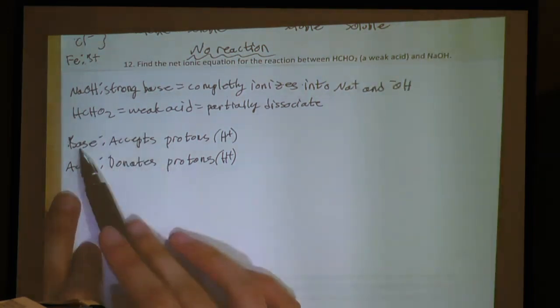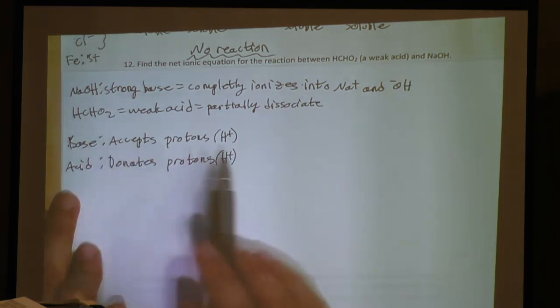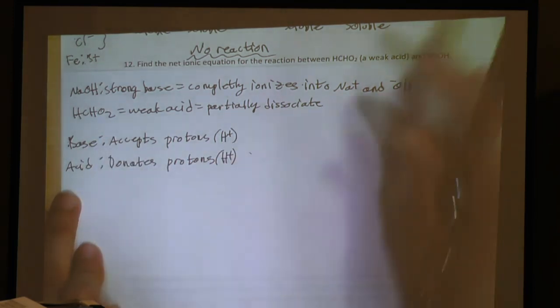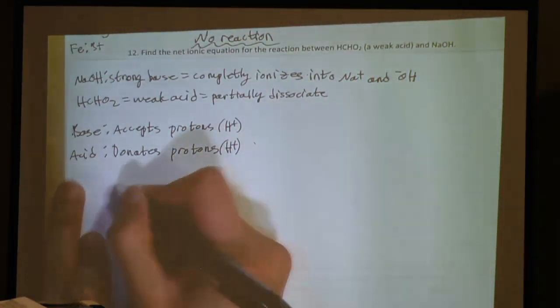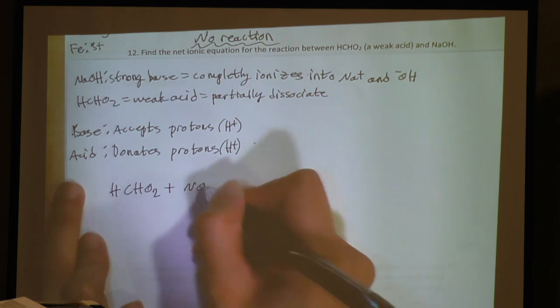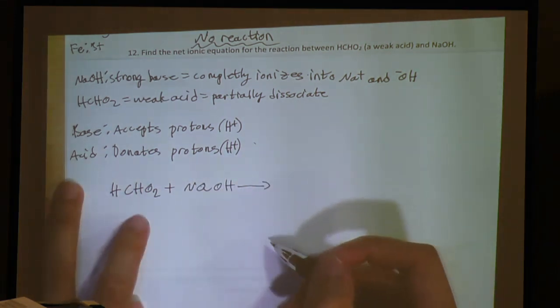So basically, if you have a base, it's going to want to steal protons, whereas acids are able to give up their protons. So if we have HCHO2 plus NaOH, what is it going to make?